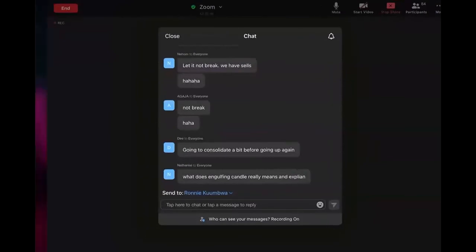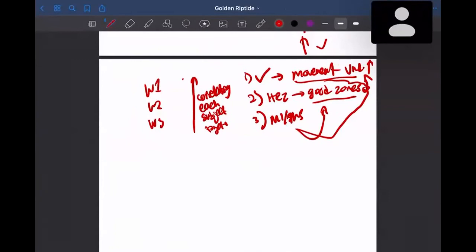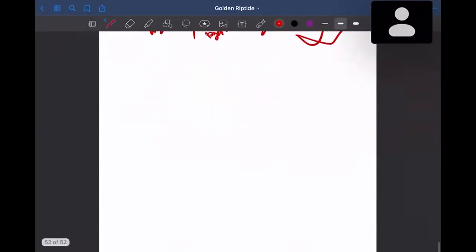What does engulfing candle really mean? Engulfing is just a theory. Let me find my pen. Okay, found it. So engulfing would be like this.